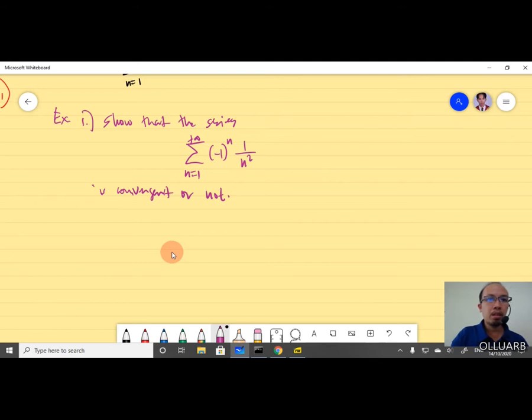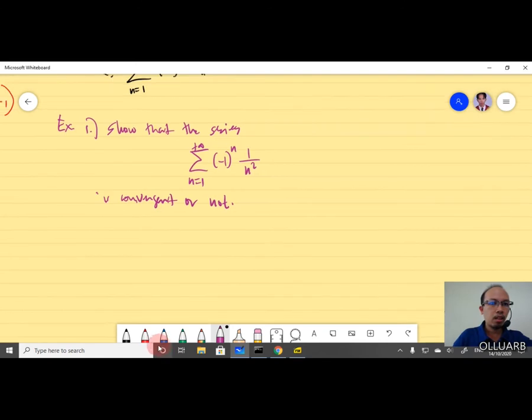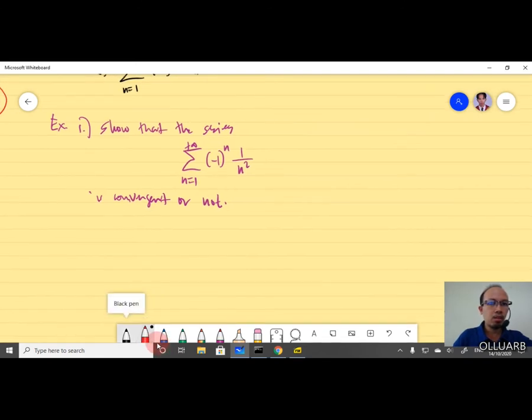Remember that this factor here, -1 to the n, is not included in the a sub n, based on the definition. Just look at your definition. Let's choose color black. Solution: let a sub n be equal to 1 over n squared.